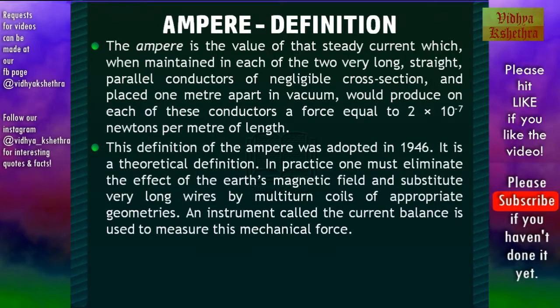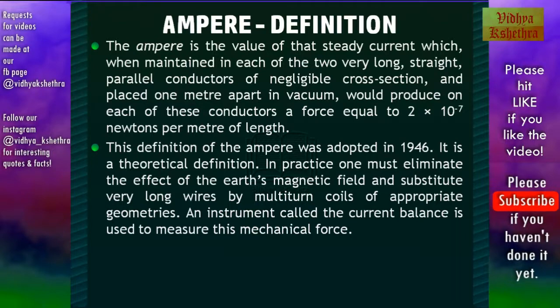The definition of the ampere was adopted in 1946. It is a theoretical definition. In practice, one must eliminate the effect of the Earth's magnetic field and substitute very long wires by multi-turn coils of appropriate geometries. An instrument called the current balance is used to measure the mechanical force.